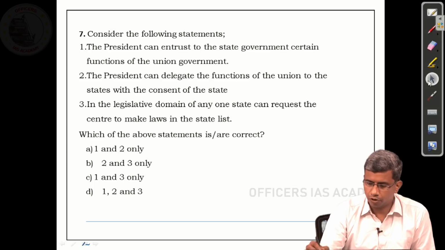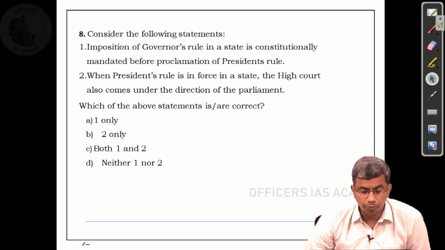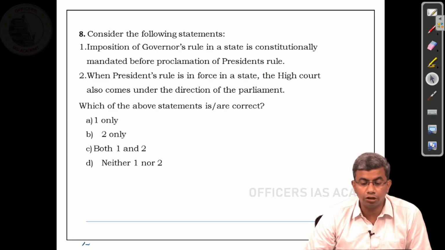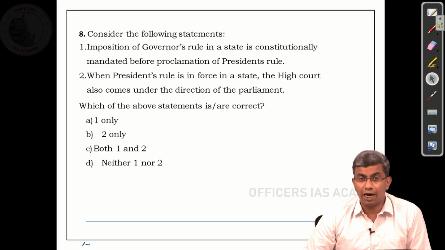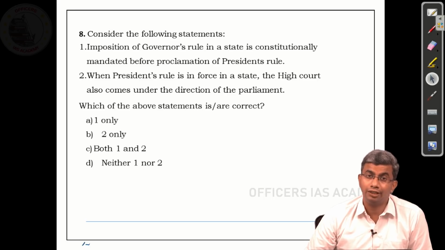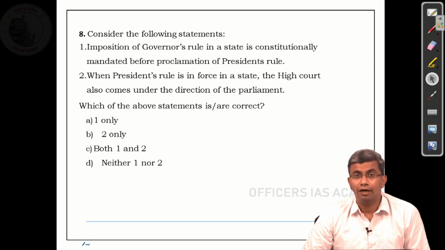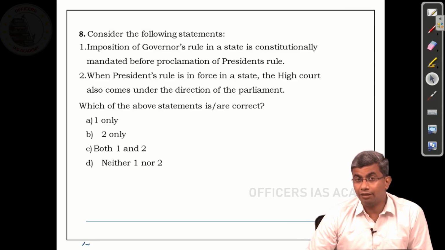Right? Moving on. Consider the following statement. Imposition of governor's rule in a state is constitutionally mandated before proclamation of president's rule. So this question is being asked because there is a governor's rule in the state of Jammu and Kashmir, right? Which was recently imposed. So that is why this question is asked.